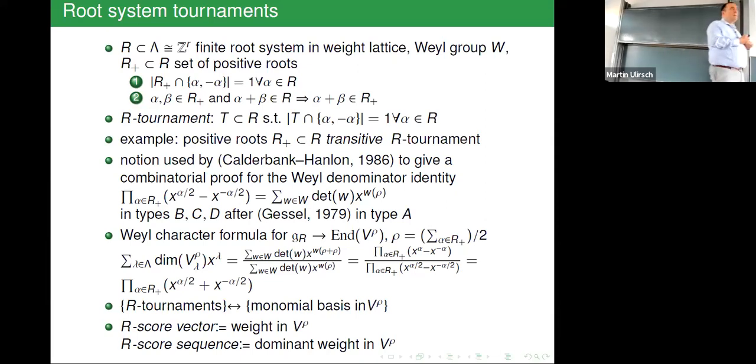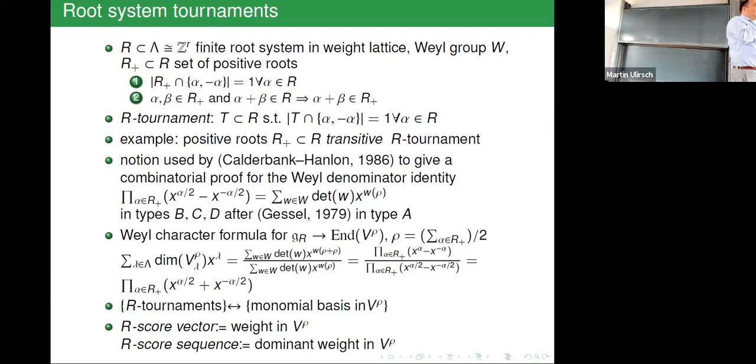In the type A case, the classic case, the multiplicity of a weight is that number. That's a very complicated thing, right? That's the multiplicity. That's the crucial thing in our project here, to understand the multiplicity.